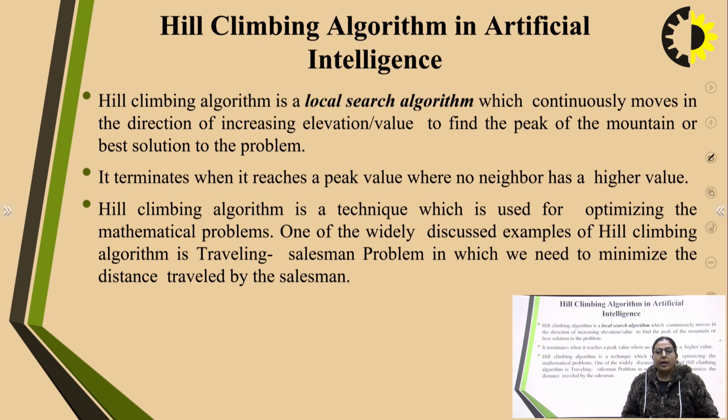Basically, when the artificial object that has the same intelligence as humans has some problem, it needs to find the solution. When the solution is found on the basis of the hill climbing algorithm, it means it is a local search algorithm that finds the solution in increasing order.